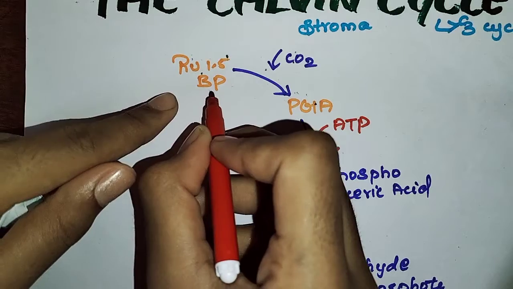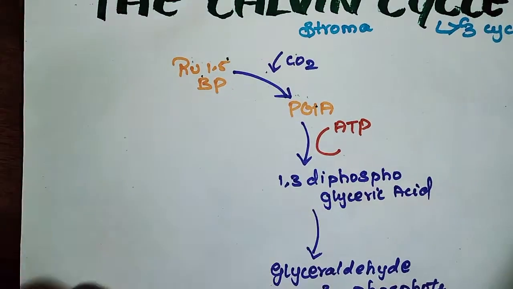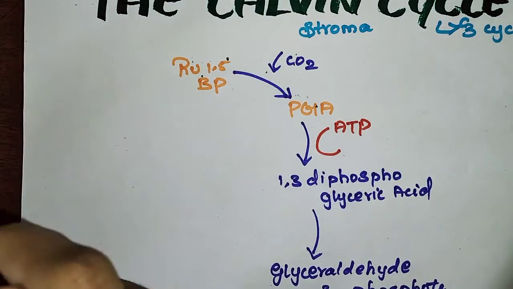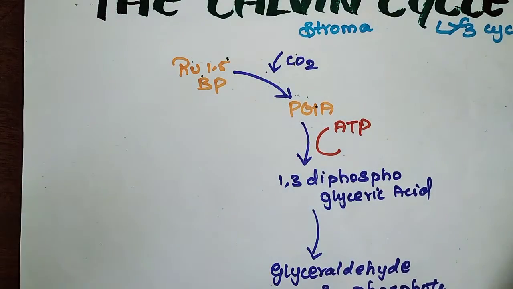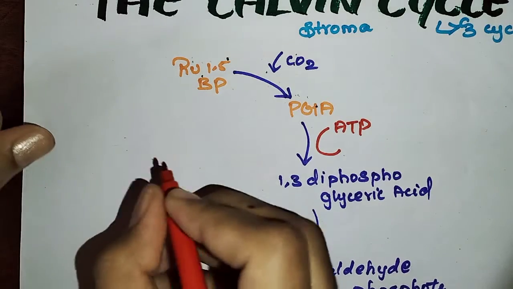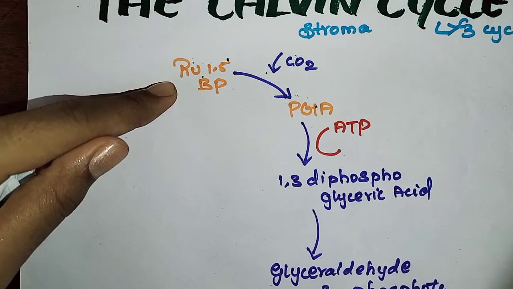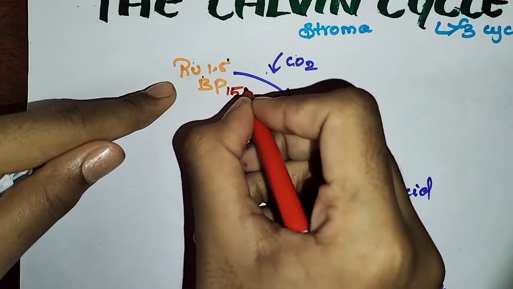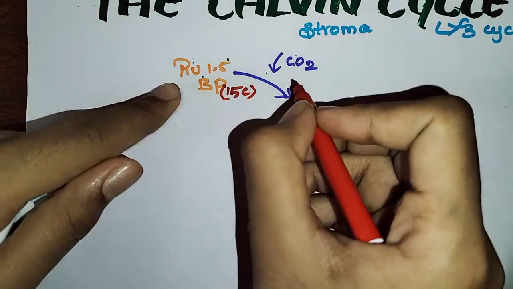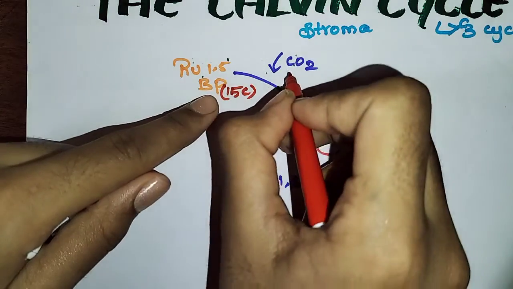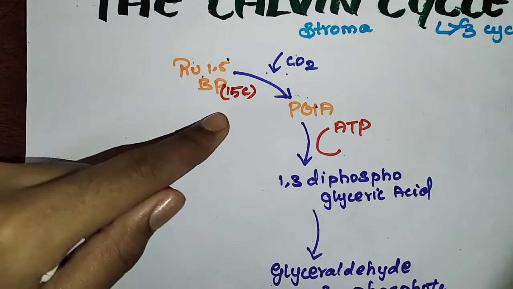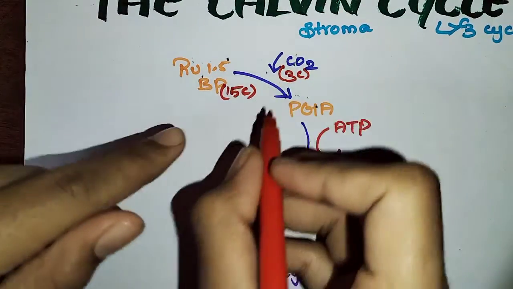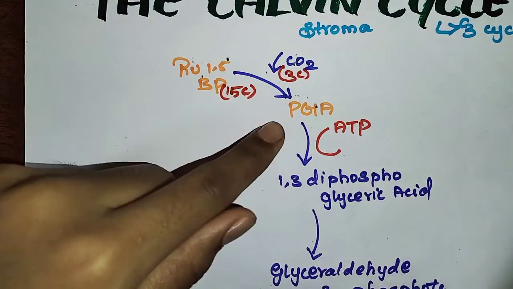If one compound, ribulose 1,5 bisphosphate, has 5 carbon, then 3 cycles need 3 compounds. One compound has 5 carbon, so 3 compounds have 15 carbon. Correct? For one compound I need 1 carbon dioxide, for 3 compounds I need 3 carbon dioxide. So 3 plus 15, I get 18.